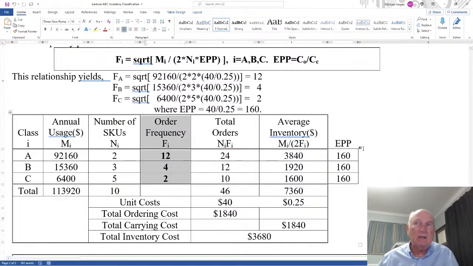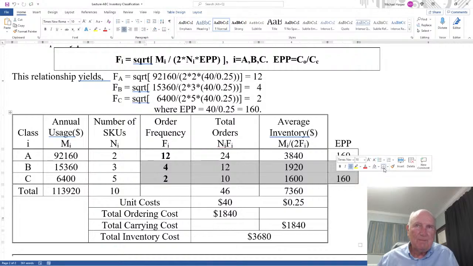One way to determine your policy is managing your EPP, if you have it. If you don't have it, then you can identify this order frequency from your inventory classification. Once you have that, you can determine an observed EPP, and that observed EPP based on that order frequency can be used to generate the rest of your inventory.